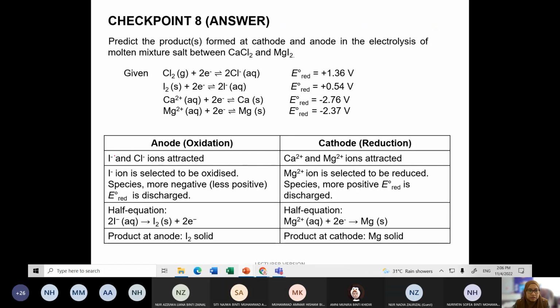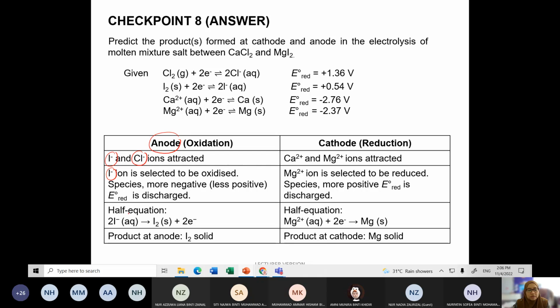Okay, so these two will be attracted to the anode. However, iodide will be chosen to be oxidized, because its value is more negative. The one that will be selected and discharged at the anode will be the one that has the more negative E0 reduction, or less positive.